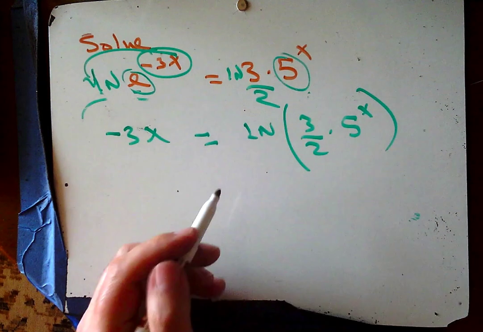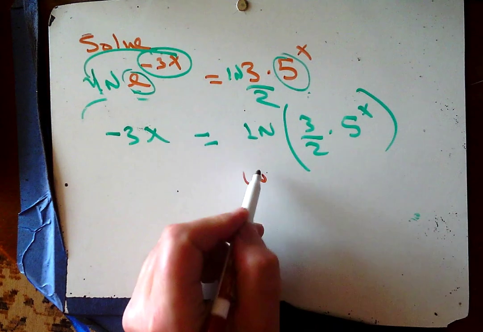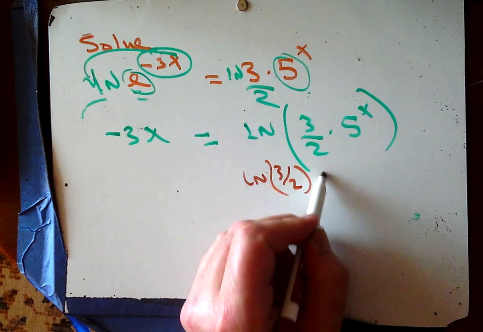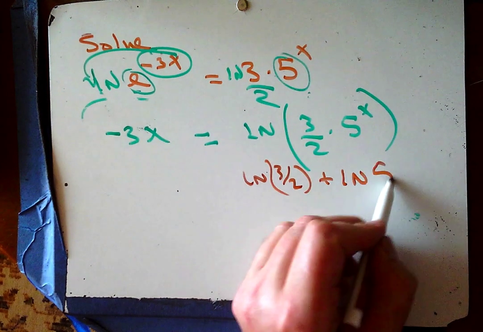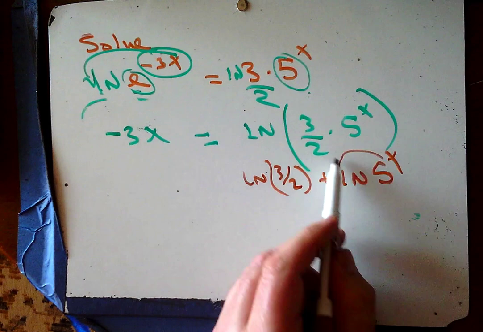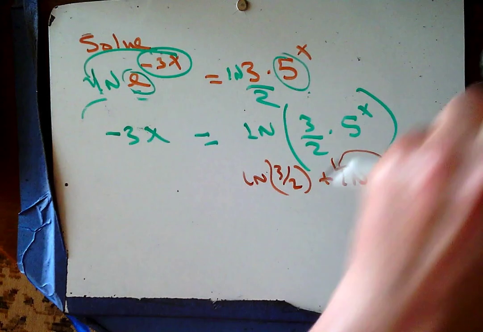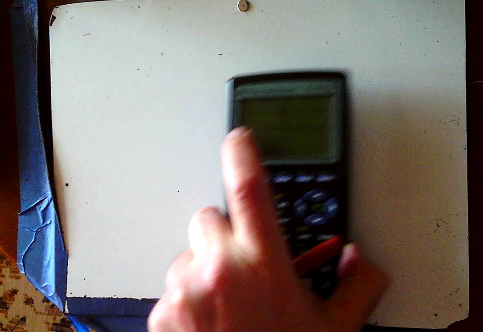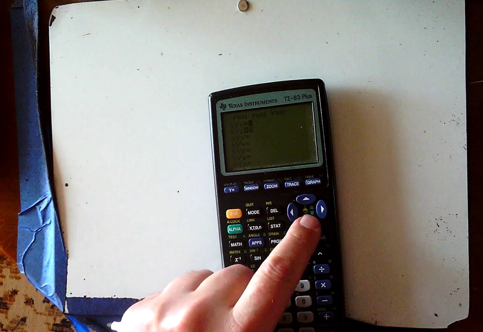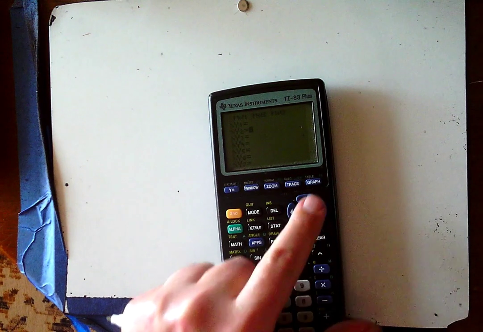So we needed to split this up into 2 logs, and then we could use our power rule, move all the x's to one side, and be done. You could also graph it and solve it graphically. If it's the graphing calculator portion of the test, no problem.